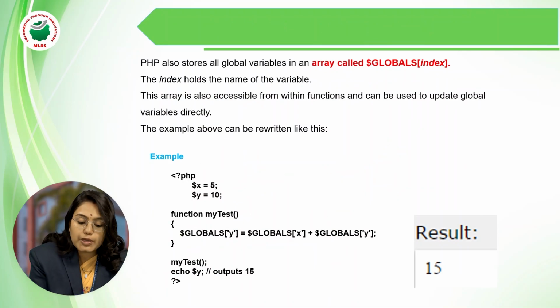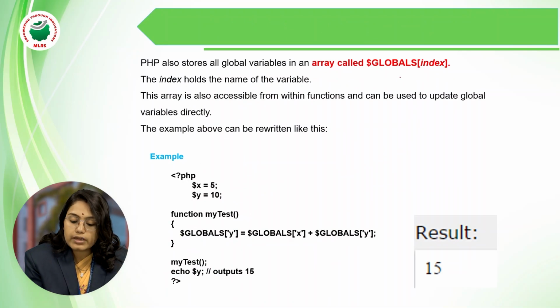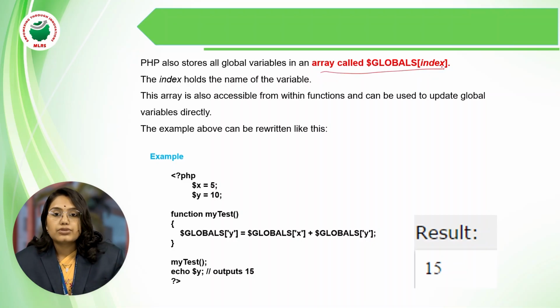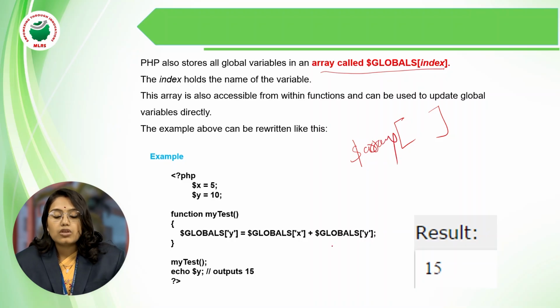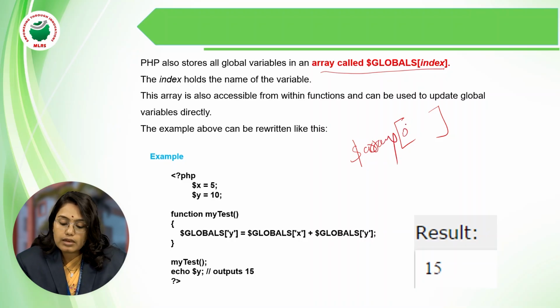Next, PHP also stores all global variables in an array. So it can store all the global variables in an array format. In arrays, we call every element with the index value.